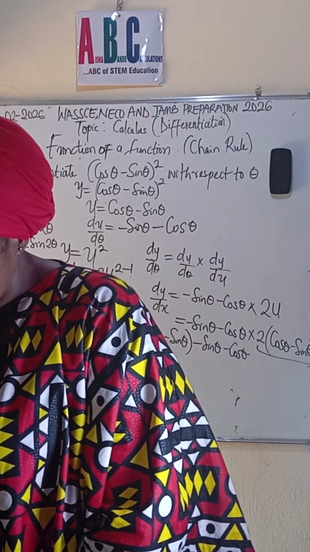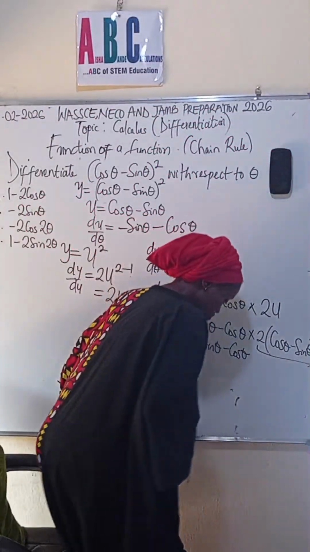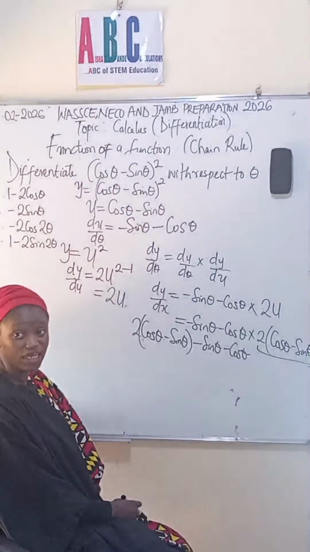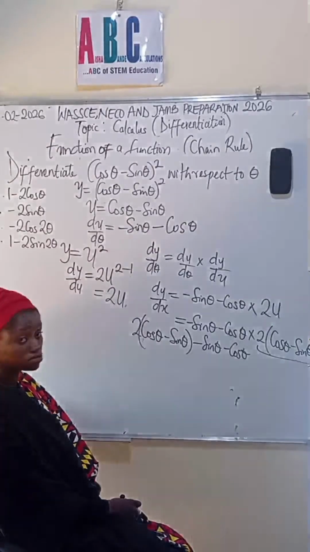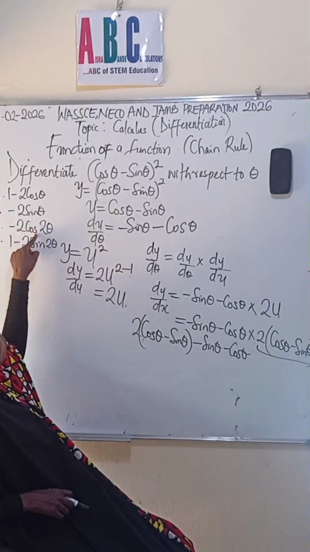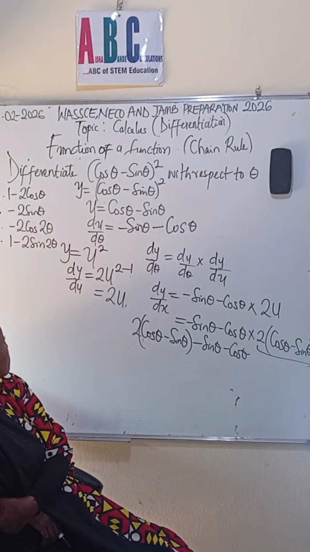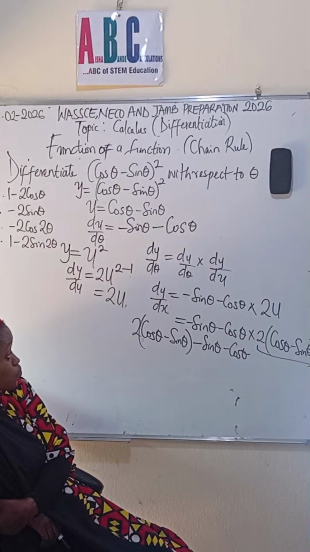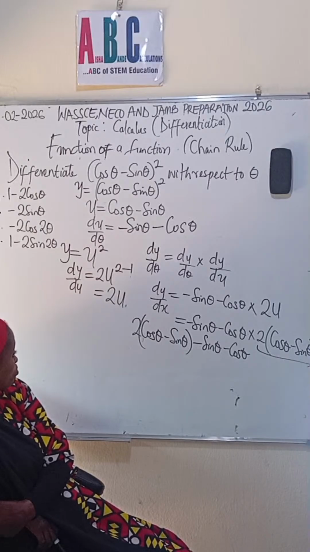So you just open the bracket. Like I said, I was trying to tell you that you have to go from your final answer from the earlier calculation. If you decide to rewrite it, you have to put this minus sin theta minus cos theta in the bracket.